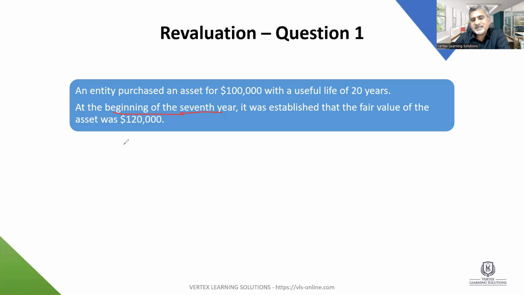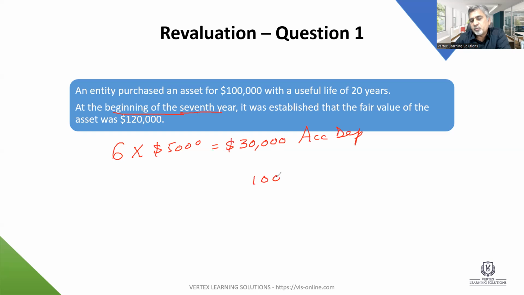It means that 6 years have passed, and every year my depreciation was $5,000. So my accumulated depreciation at the beginning of the 7th year was 30,000.